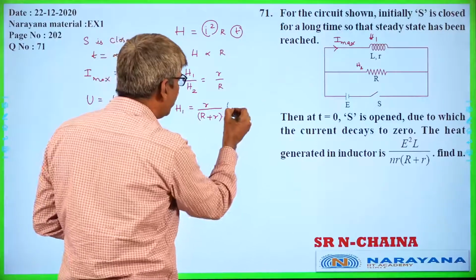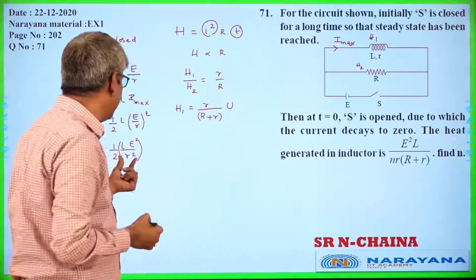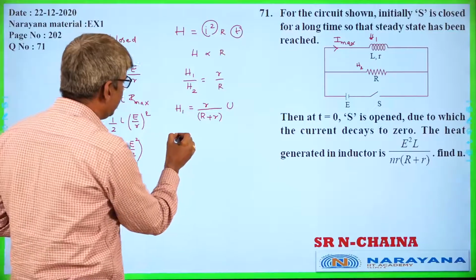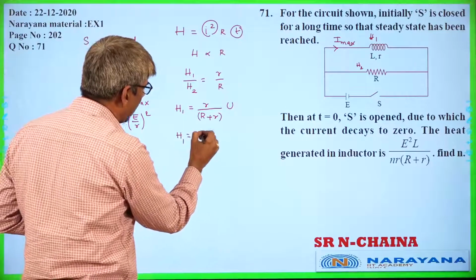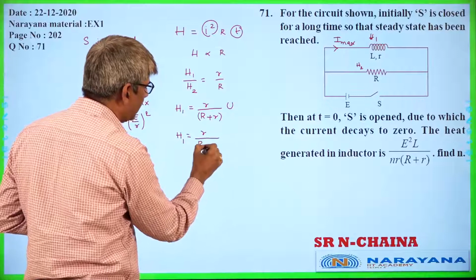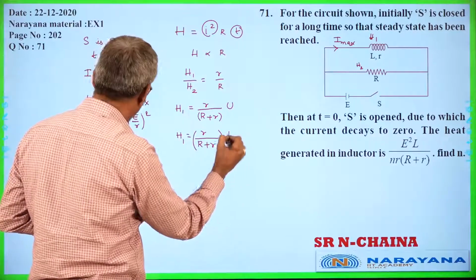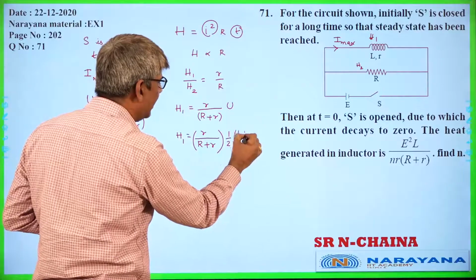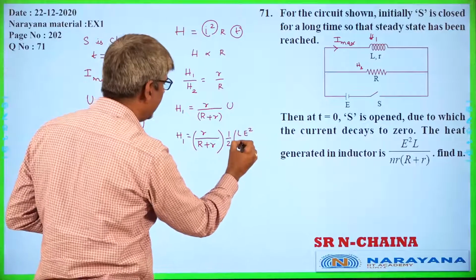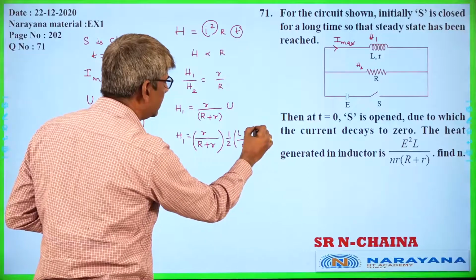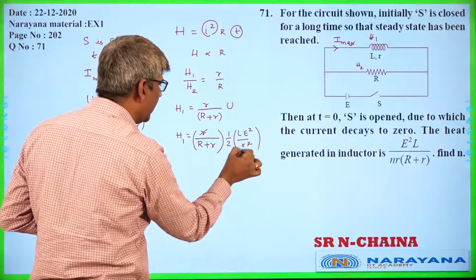Total heat energy before opening the key is only stored in the inductor in this form. So H1 is equal to r divided by R plus r into half L E square by r square. So this r and r cancels out.